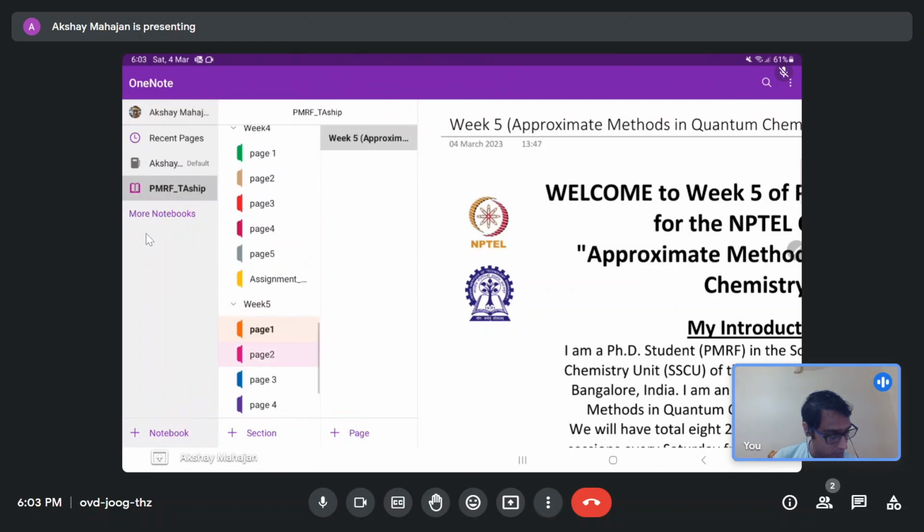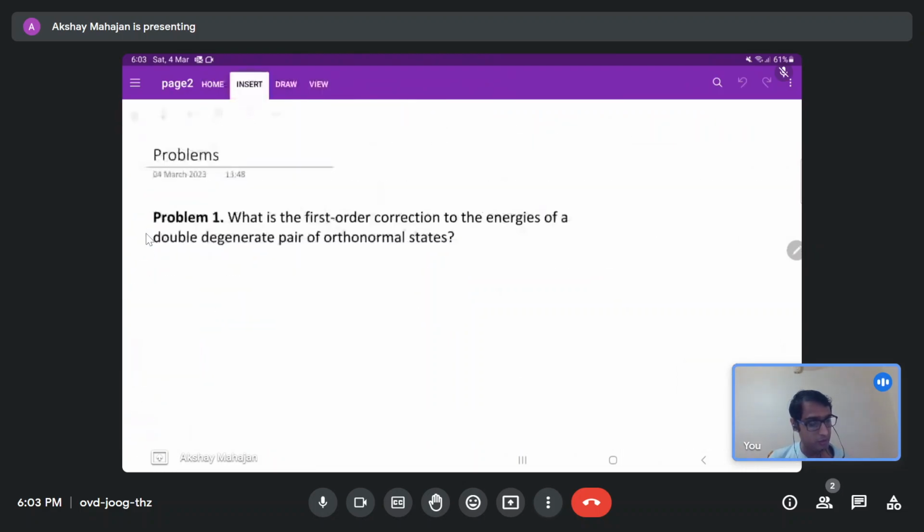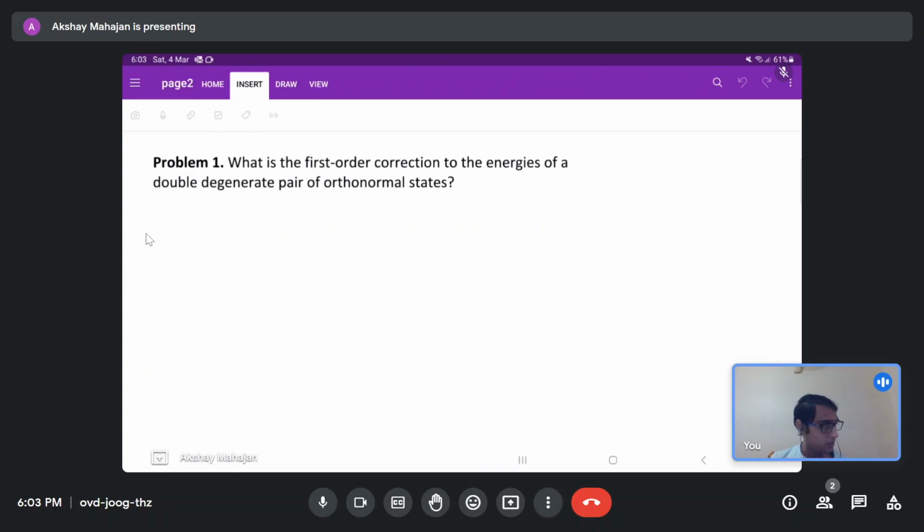In this week we are going to solve some problems related to the week 5 content of the course, which includes degenerate perturbation theory and also some questions on Slater determinants. Let's go to our first problem of today.